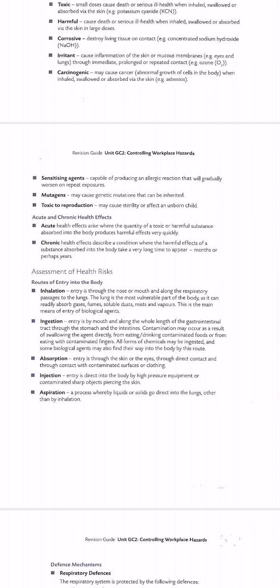The lung is the most vulnerable part of the body as it can readily absorb gas, fumes, soluble dust, mist or vapor. This is the main means of entry of biological agents. So this simply means that you can absorb these chemicals into your system by inhaling or breathing, right?